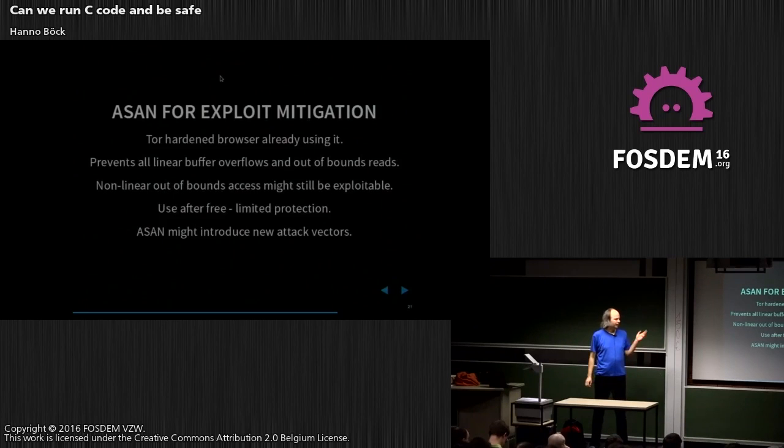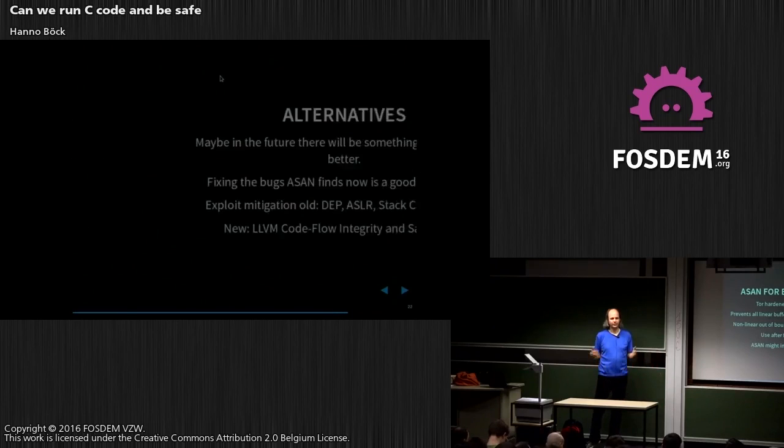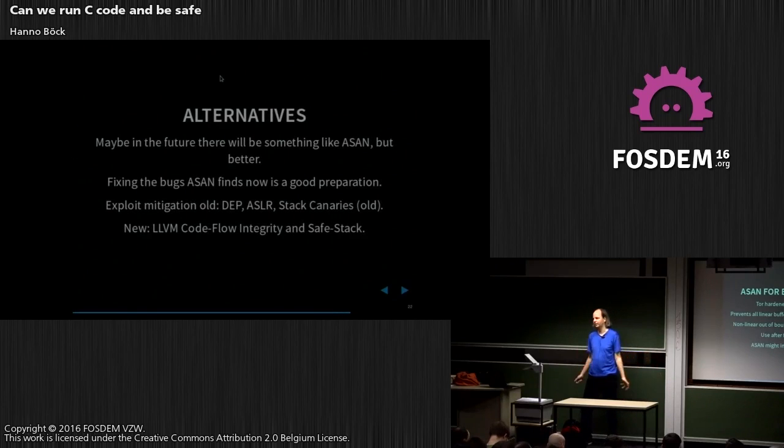Use-after-free errors are also found by address sanitizer, but you may still be able to exploit them anyway. There's a blog post from Chris Evans explaining in much detail how good address sanitizer might be as an exploit mitigation tool. And it might be that address sanitizer itself has bugs that lead to exploitation, so you might introduce other security issues.